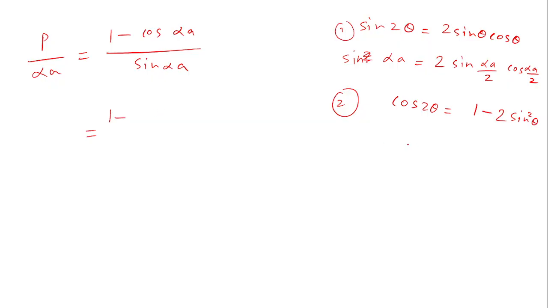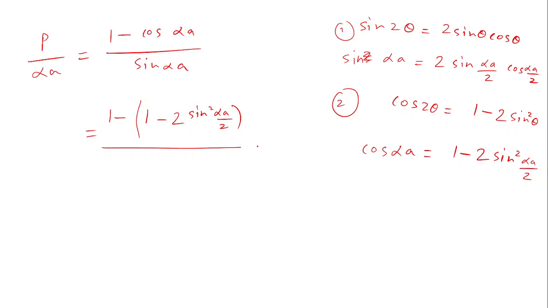So cos(alpha a) will become 1 minus 2 sin square(alpha a by 2), so that I can simplify this. When I do this, this will be 1 minus (1 minus 2 sin square(alpha a by 2)), and in the denominator I have 2 sin(alpha a by 2) cos(alpha a by 2).